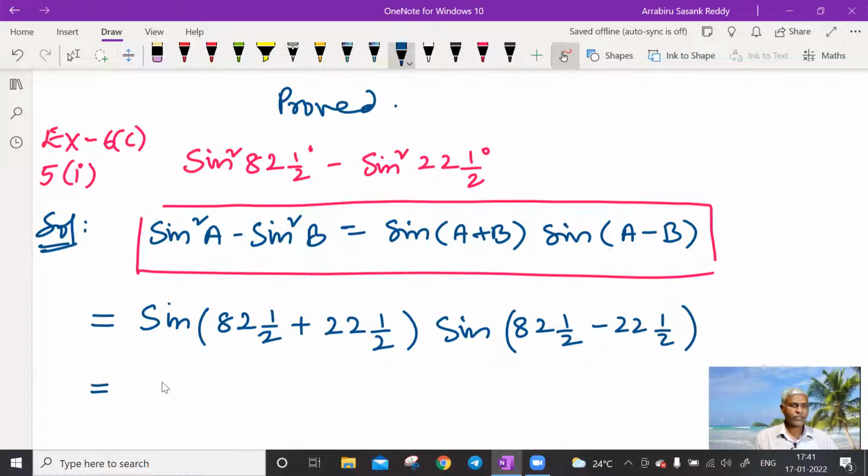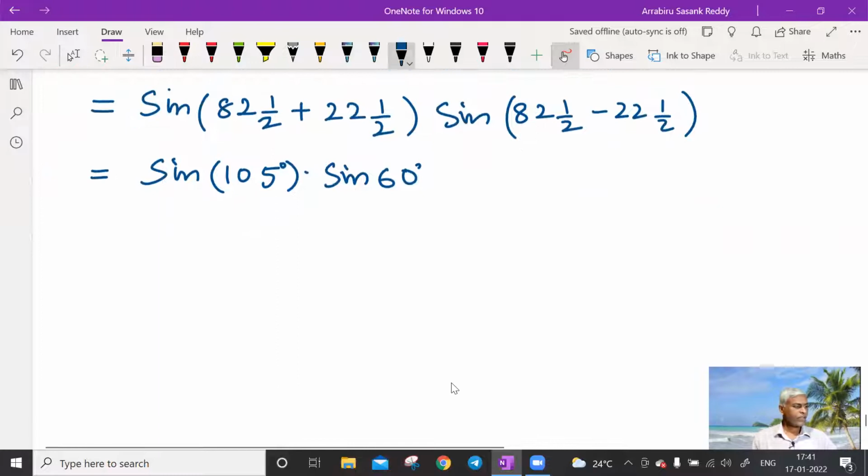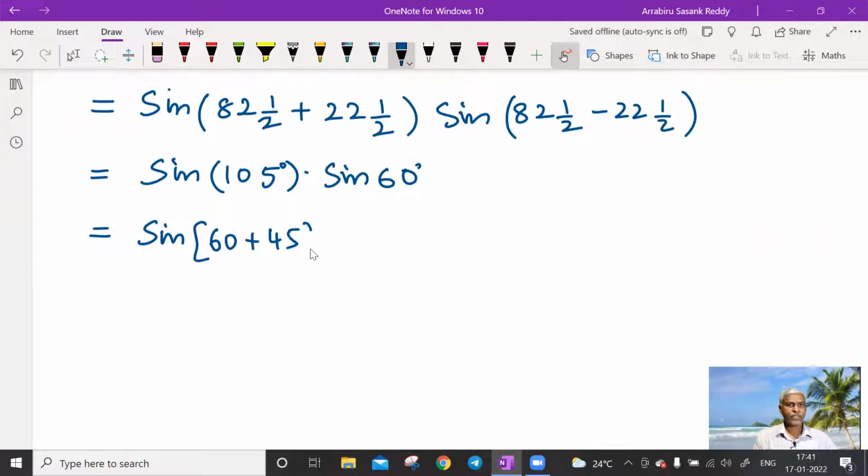So this is equal to sin 105 into sin 60, since 82.5 plus 22.5 is 105 and 82.5 minus 22.5 is 60. Sin 105 can be written as 60 plus 45. Sin 60 value is √3 by 2.